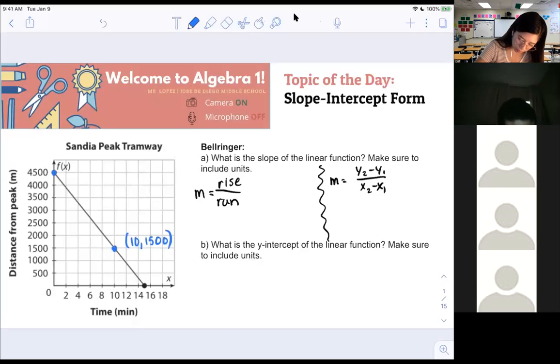Good. Again, I could use one strategy or the other. I'm going to show both ways, but at the end of the day, you get to choose which one you prefer. I'm going to start with rise over run.